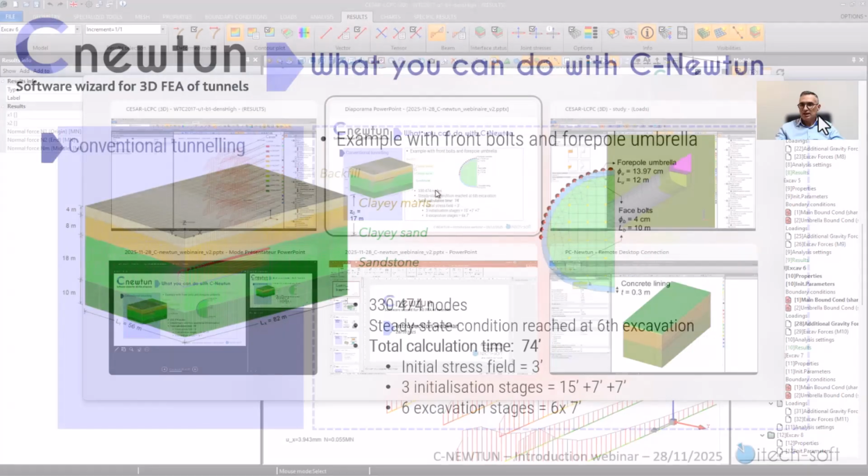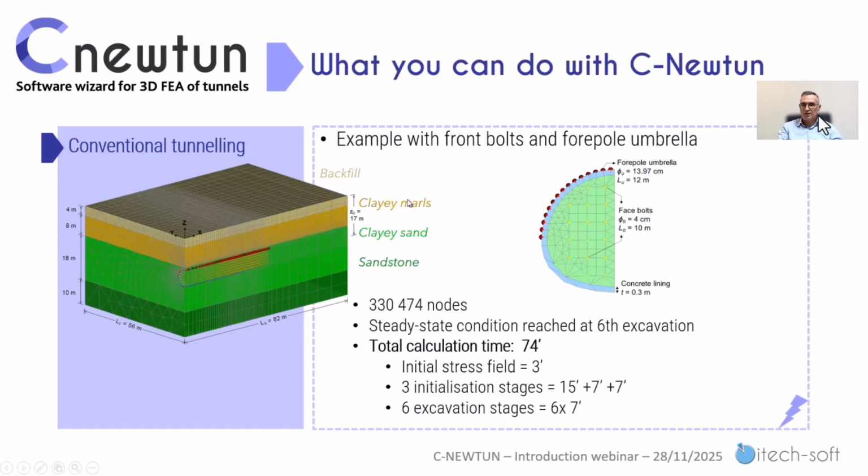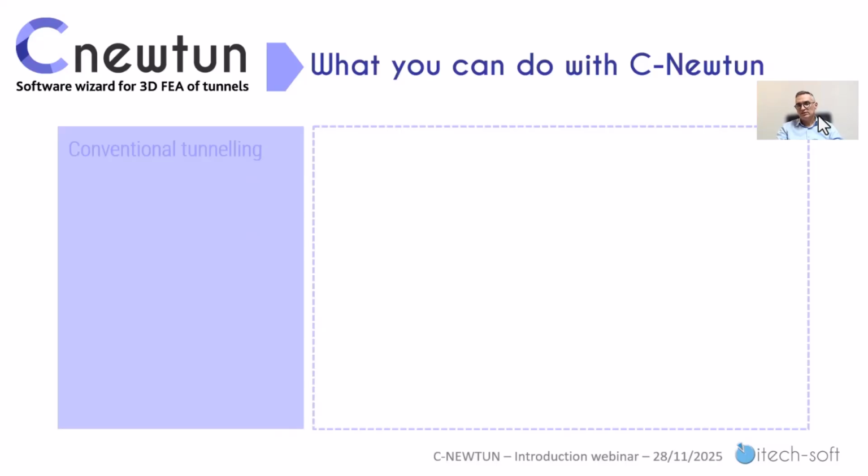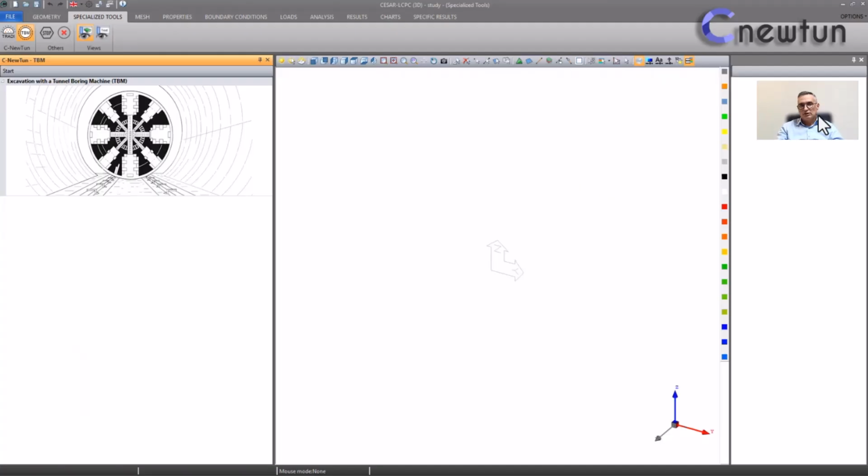I'm going back to my presentation to now introduce, after the conventional tunneling, the other tunneling method proposed, which is TBM tunneling. So again, after the conventional excavation, we select the TBM tool.